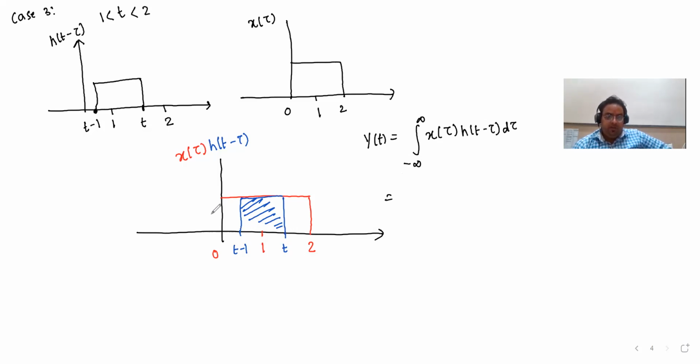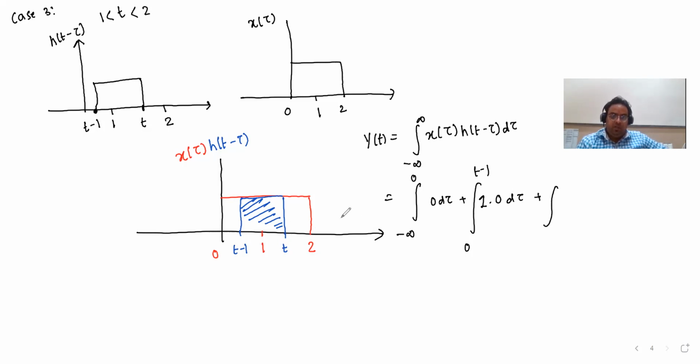So from minus infinity to 0, we already have no value, that is 0 d tau, plus from 0 to t minus 1, again we have x of tau 1, but h of t minus tau is 0, d tau. Then from t minus 1 to t, we have x of tau also 1, h of t minus tau also 1, d tau, plus from t to 2.